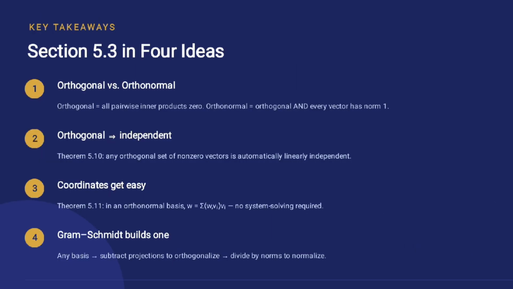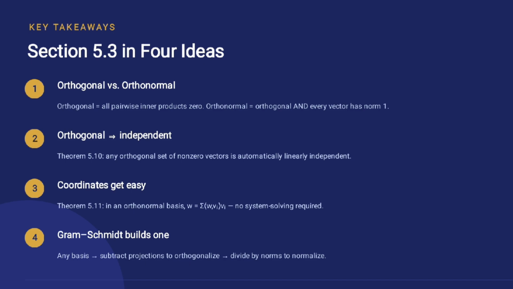So to sum up this lesson, there are 4 important points to remember. First, an orthogonal set has perpendicular vectors, while an orthonormal set is orthogonal with unit length vectors. Second, every orthogonal set of non-zero vectors is linearly independent.